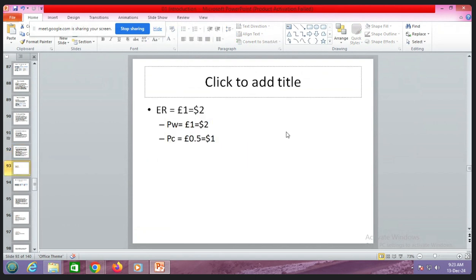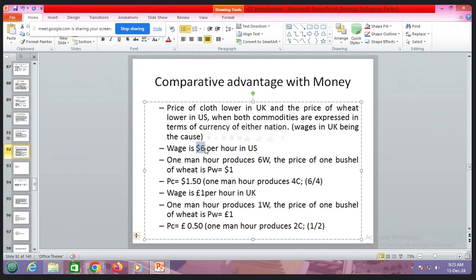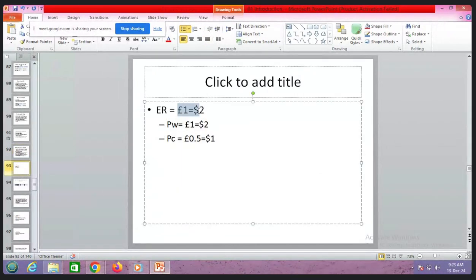Is that making any sense to you? In US the wage is $6. In UK the wage is $1. Exchange rate is 1 pound to $2. That means 1 pound of wage in US will be equal to $2.